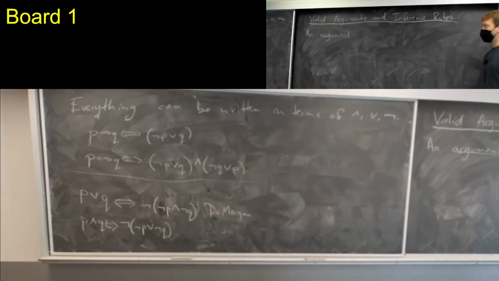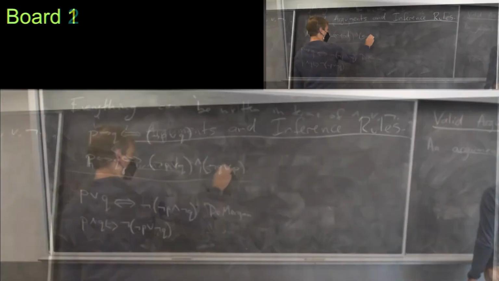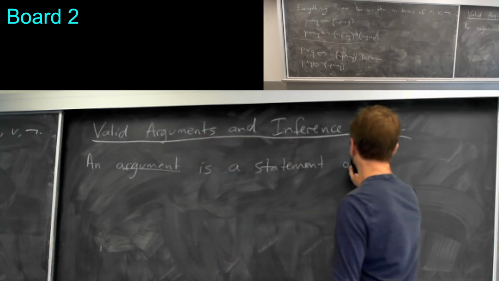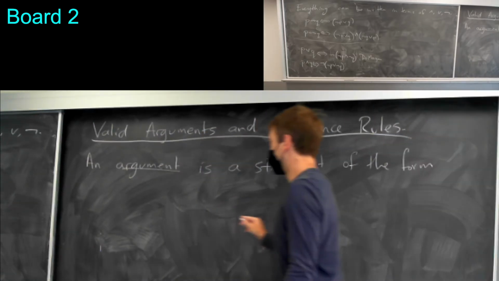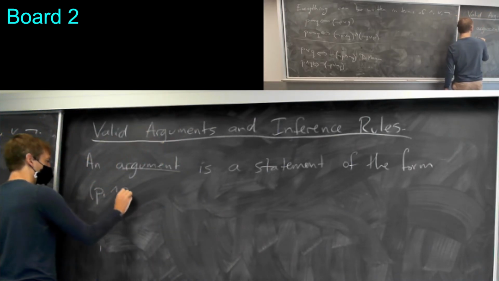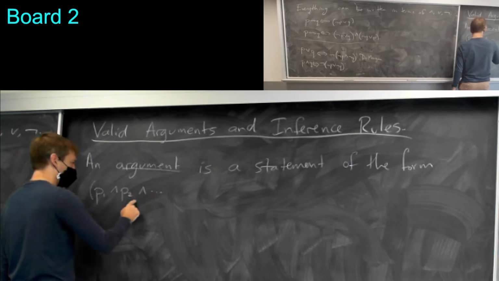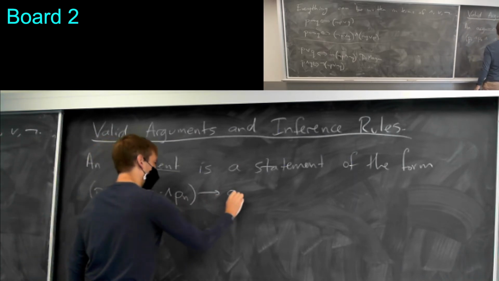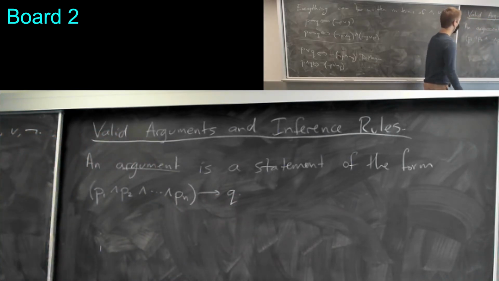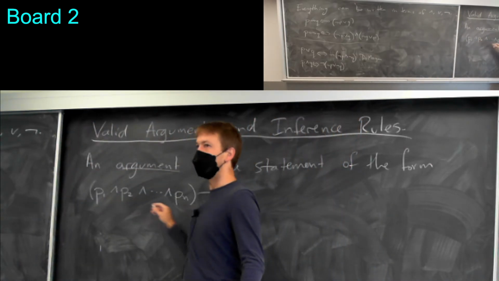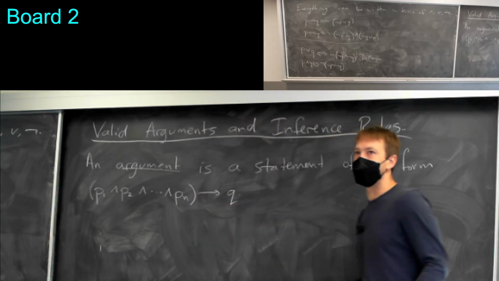So an argument is a statement of the form P1 and P2 and ... up to Pn implies Q, where all of these P1 up to Pn are statements and Q is a statement.